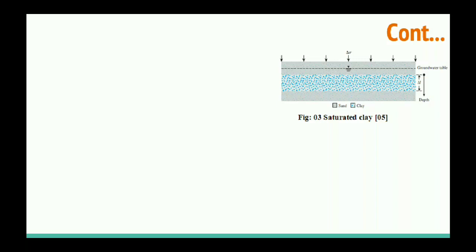This mechanism we can relate with the spring cylinder model, because the soil particles in the saturated clay behave like a spring, while the water in the voids behaves like the water in the cylinder. So in this case, whatever stress is induced between the solid particles, we call effective stress.